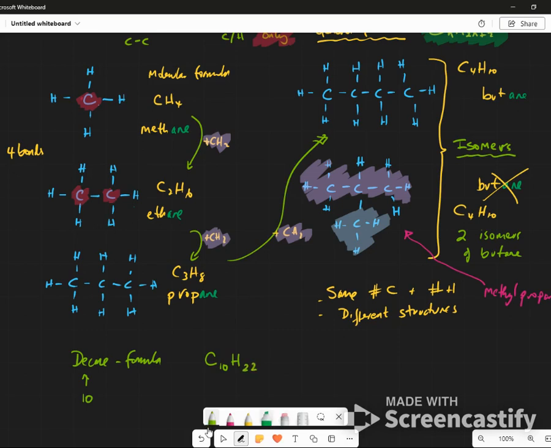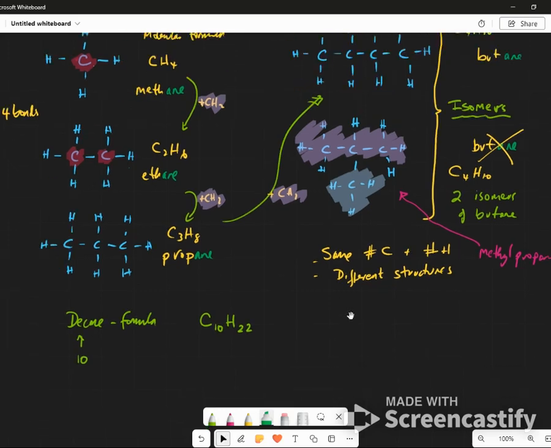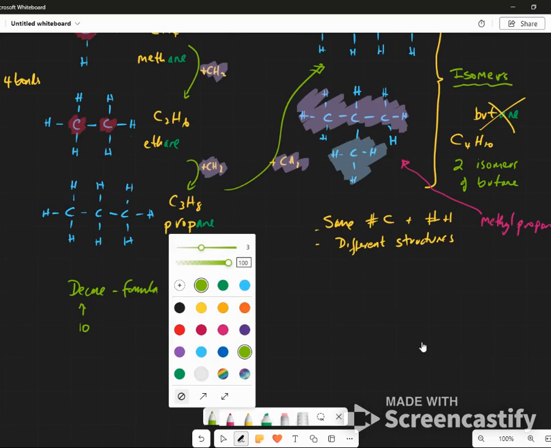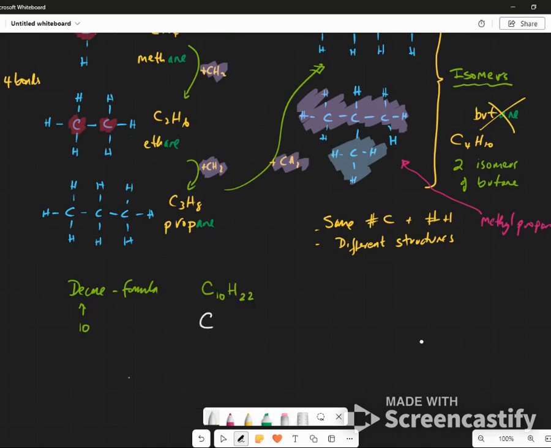So the formula of decane will be C10H22. Last one, we'll do one more. If we've got C30, well, 2 times 30 is 60, plus 2, 62. Simple as that. That's how we use the general formula CnH2n plus 2.